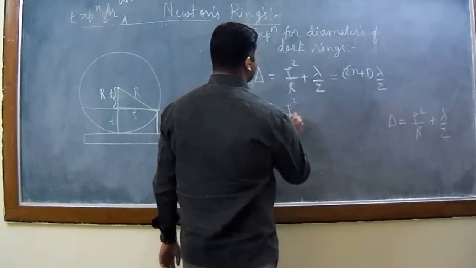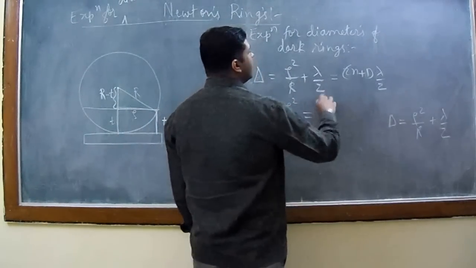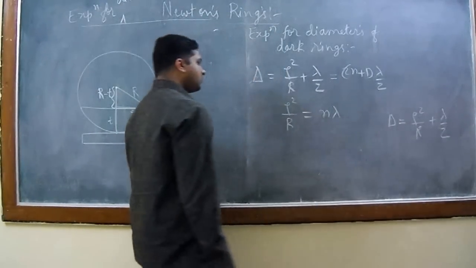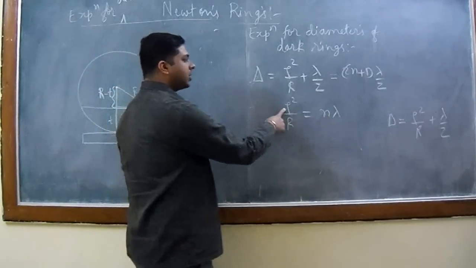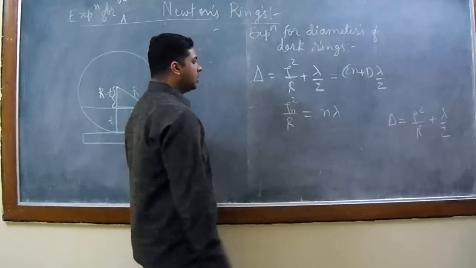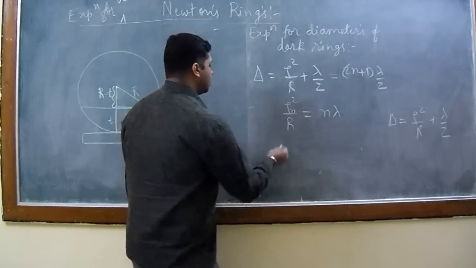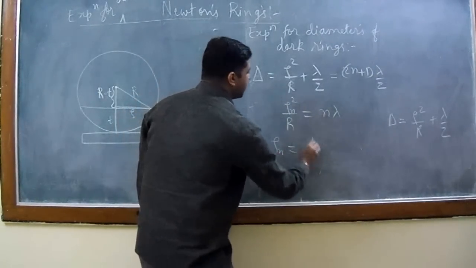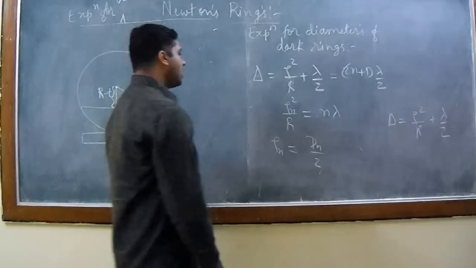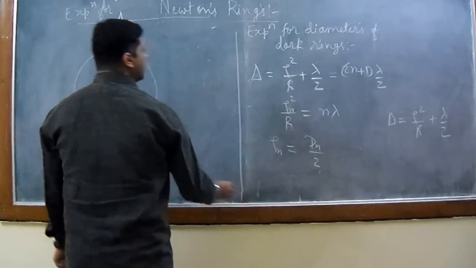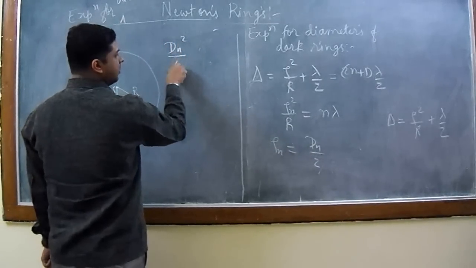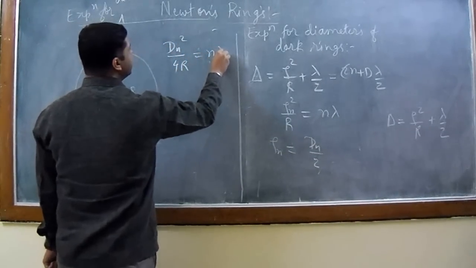And hence we have rho square by r equal to, if I transfer this lambda by 2 to the right hand side, then it will be only n lambda. Now, as rho is the radius of Newton's ring, I put a suffix n indicating that it is the radius of any nth dark ring. So rho n is nothing but dn by 2, where dn is the diameter of any nth dark ring, and hence we can write dn square upon 4r is equal to n lambda.